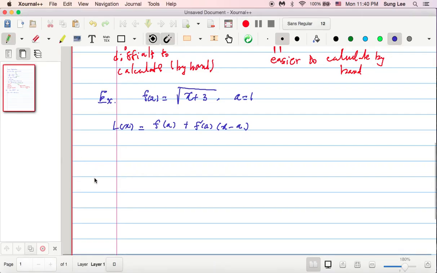All right, so to find it, f of a is going to be square root of a plus 3, plus f prime of x. That's easy, right? F prime of x is 1 over... well, in principle you will have to use the chain rule.